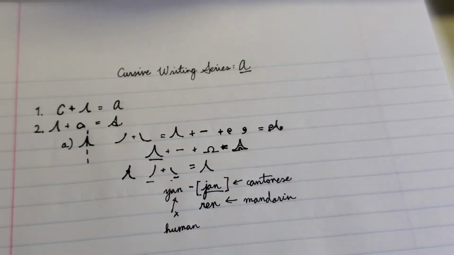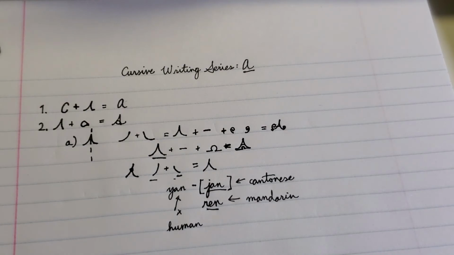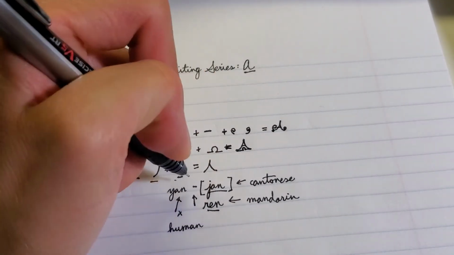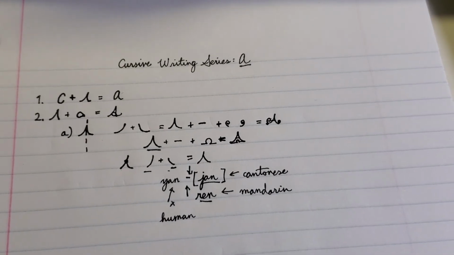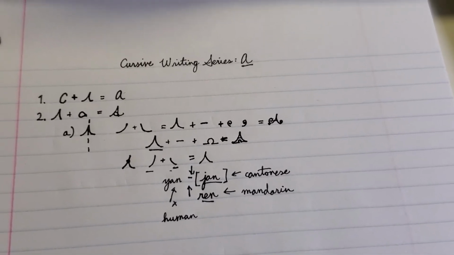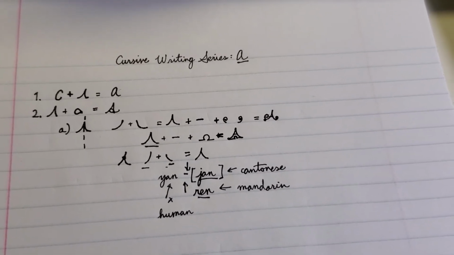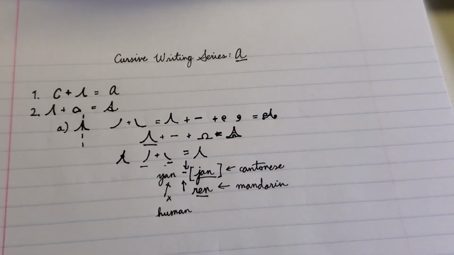Yan is like, for me, how I perceive it is more of a lower tone, whereas the ren is a lot more of a higher tone. So higher tone and lower tone. And this is just for your information, just in case you do get into a situation where you do hear the word yan, then you can just say, oh, that means human.